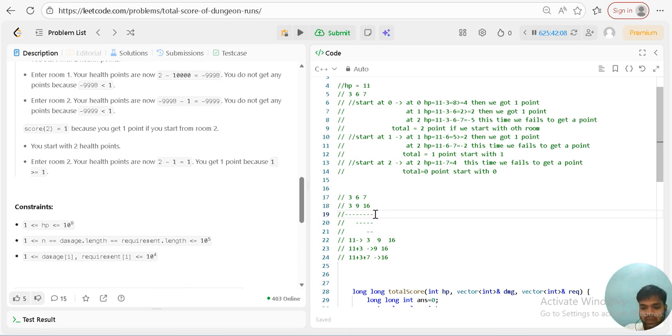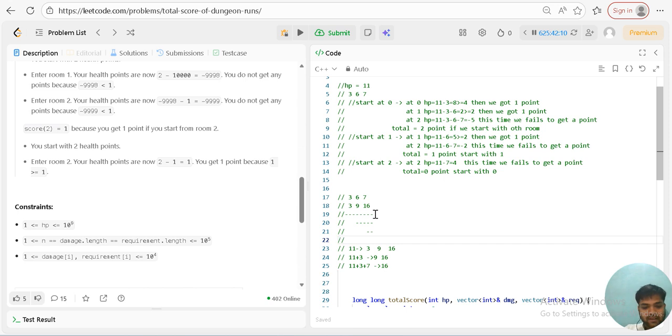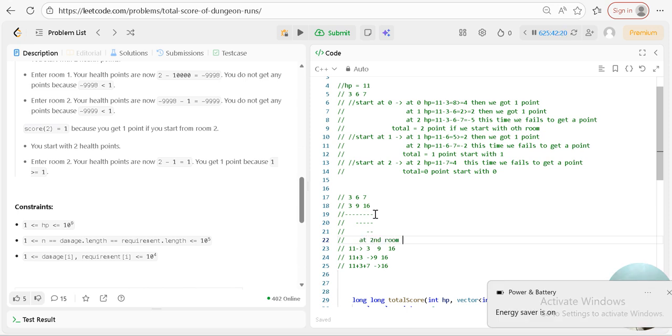Suppose we have to subtract the prefix of the sum, like at the moment at the second room we have to reduce 16, and we have threads with values 11, 14 and 20.